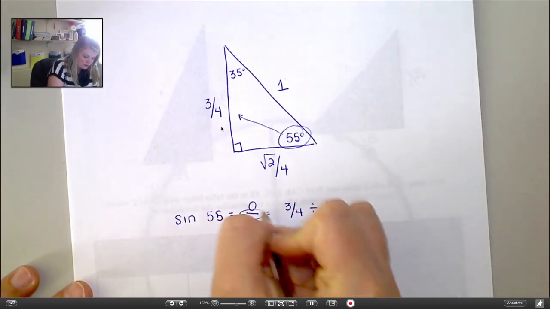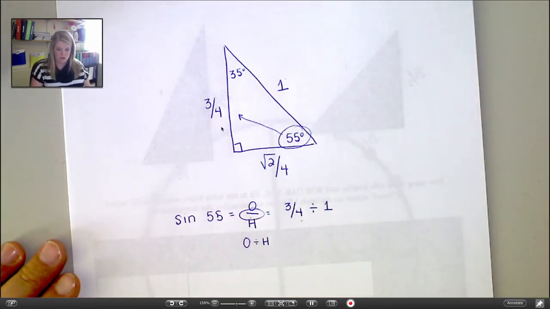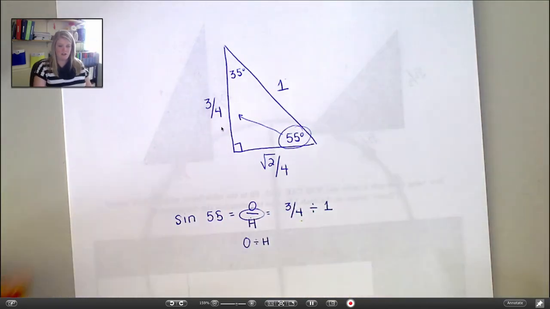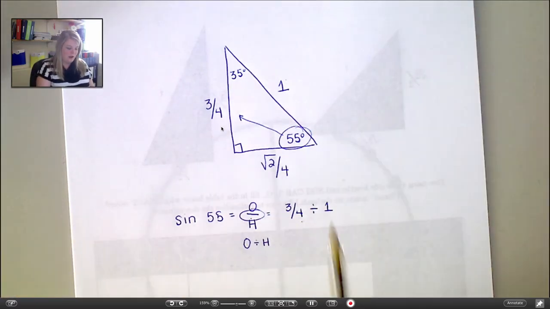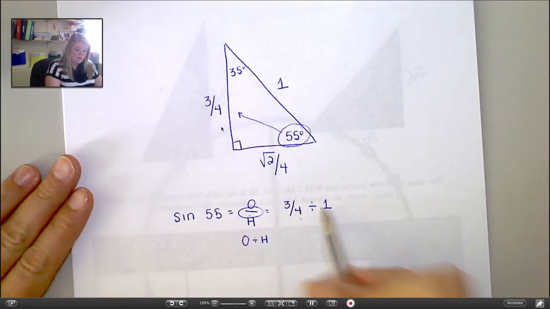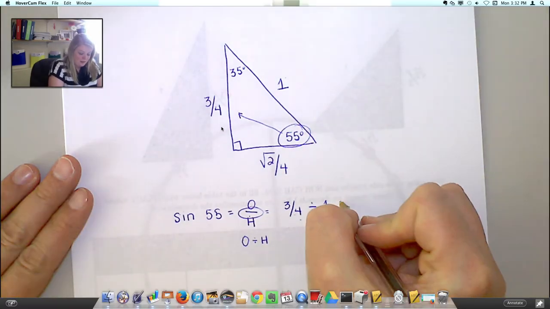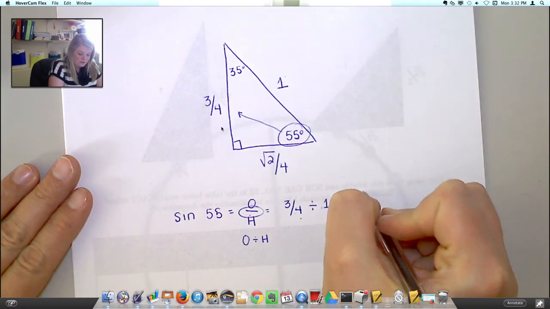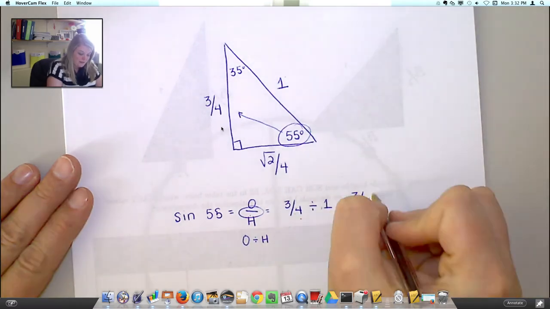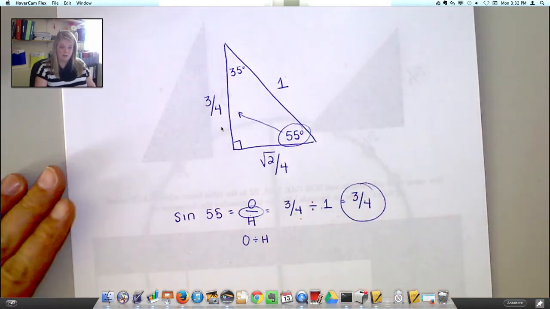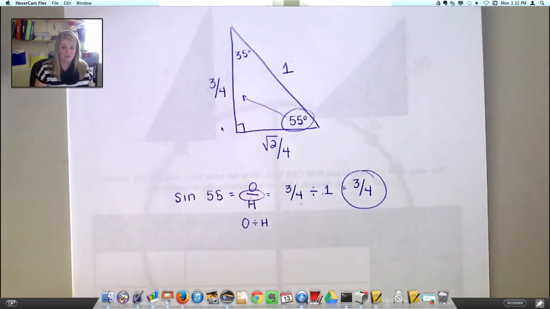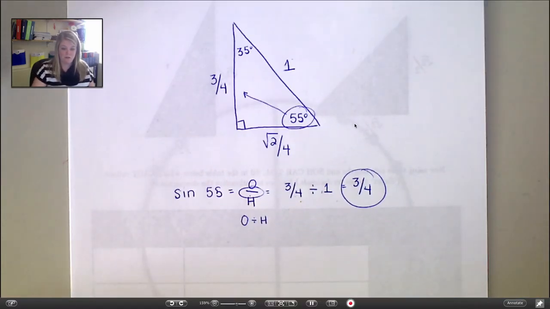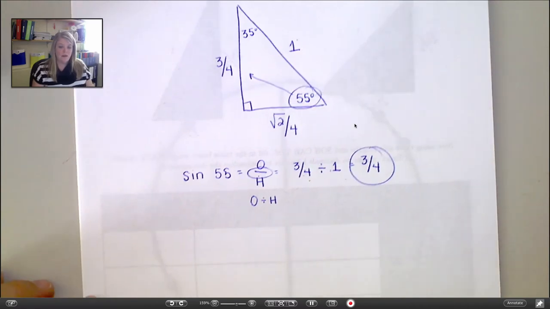Remember, this fraction bar is really just a fancy word for division. When you're working with fractions, it's hard to write a fraction inside of a fraction, so I would just write this as division instead. Okay? Well, 3/4 divided by 1, anything divided by 1 is just itself. So this would still just be 3/4, and that would be your answer. That's what you would put in the table down at the bottom of the page, that sine of 55 was equal to 3/4. Okay?